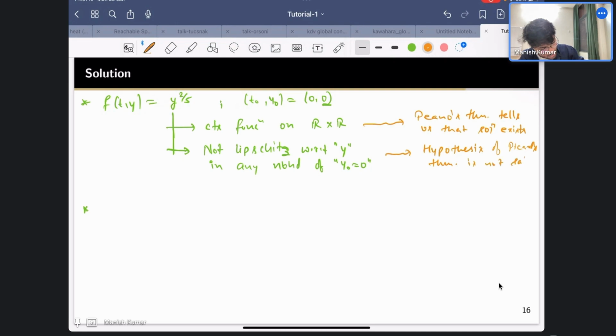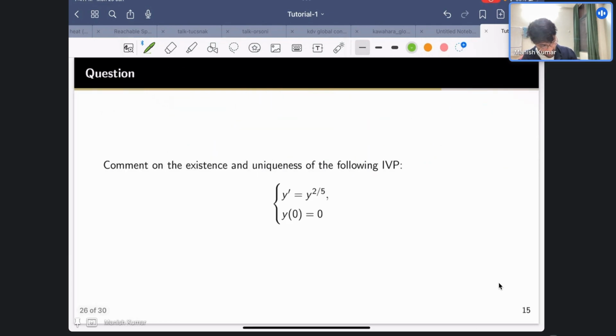If it's not satisfied, we cannot say that it will not have a unique solution. We can just say we don't know. That's all. It is not giving the necessary condition. The hypothesis is just a sufficient condition to guarantee the uniqueness of the solution. Okay, so let us try to solve this problem explicitly.